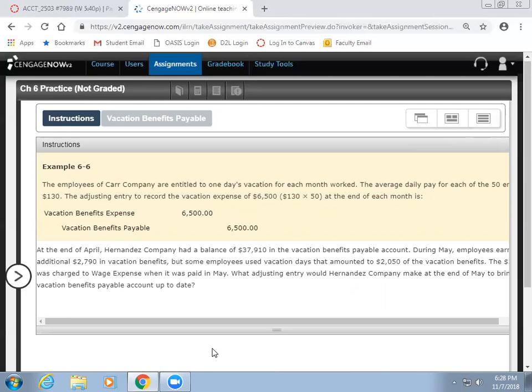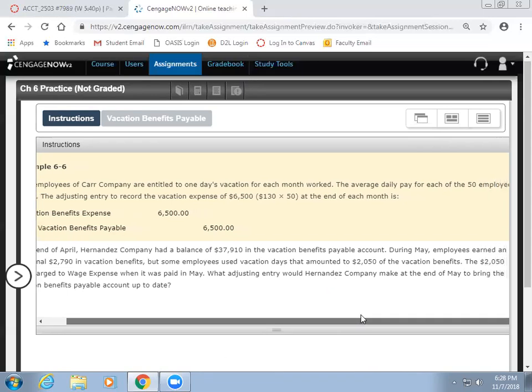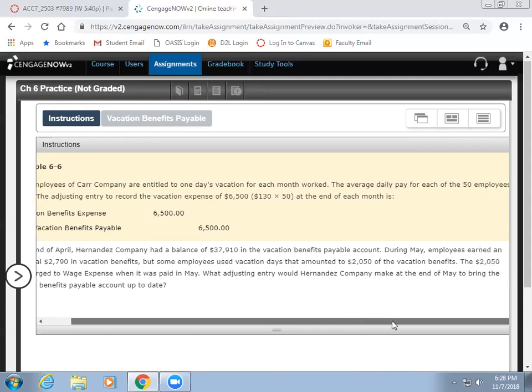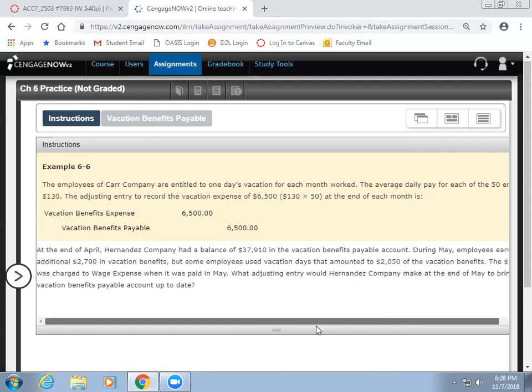Okay, so at the end of April, here's our actual problem. Hernandez company had a balance of $37,910 in their vacation benefits payable account. It's kind of cut off here. During May, employees earned an additional $2,790 in vacation benefits.